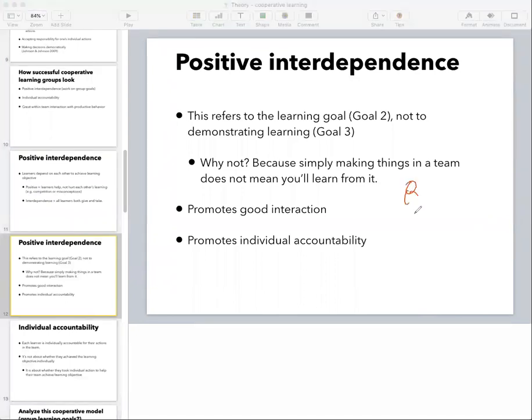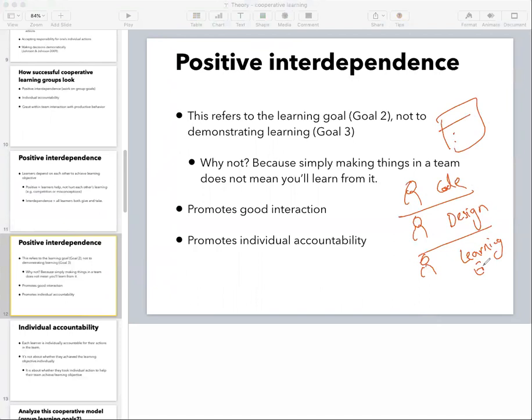So if you had a team of 3 people, and you had a project to make a website, and you have one person who codes, one person who designs, and one person who thinks about learning and engineers it, then this would be a team which is a production team, not a learning goal team, right?